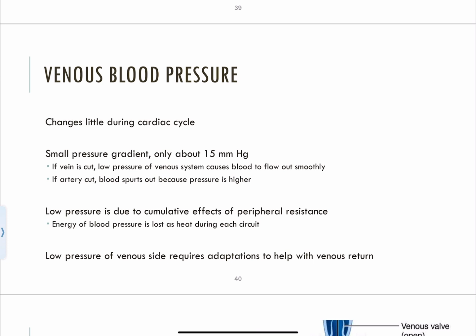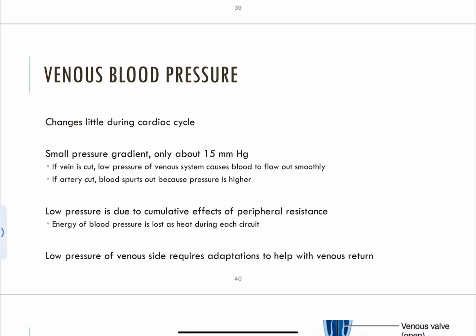So if a vein is cut, because it's a low pressure blood vessel, your blood will just trickle out very smoothly. If for some reason you cut an artery, because it's under such high pressure, your blood is actually going to spurt out. So if you cut yourself, that's one way to tell.